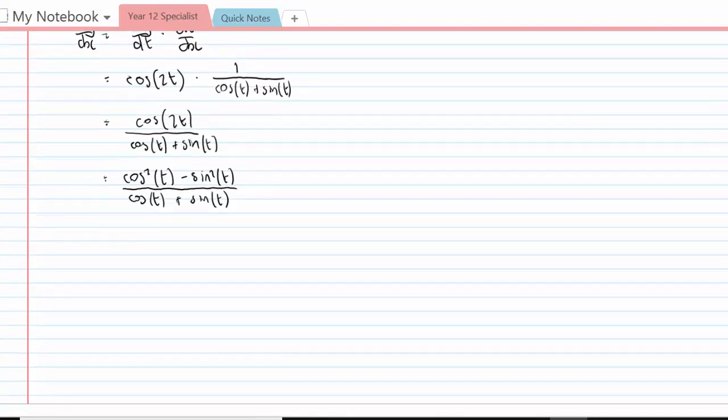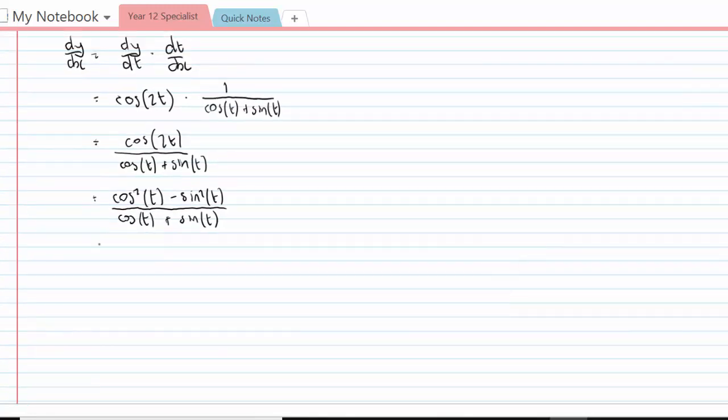And the numerator factorizes using difference of two squares. So cos t plus sin t, and then cos t take sin t, over cos t plus sin t.